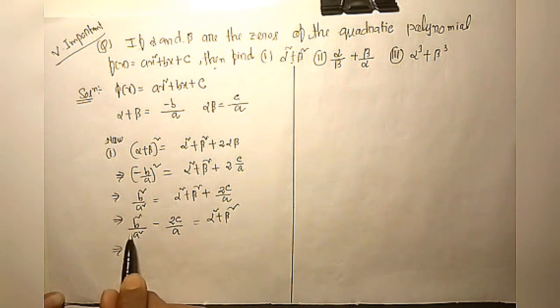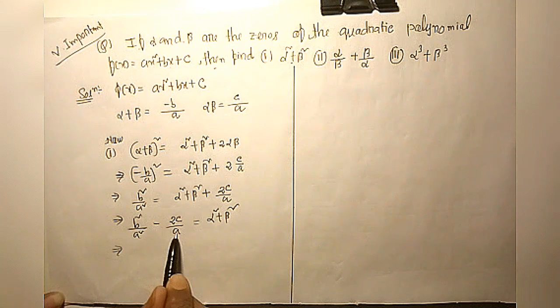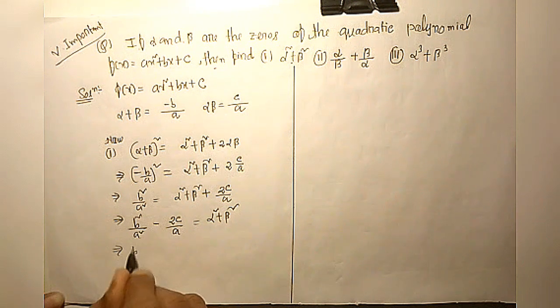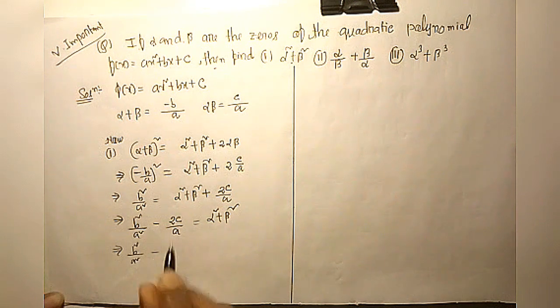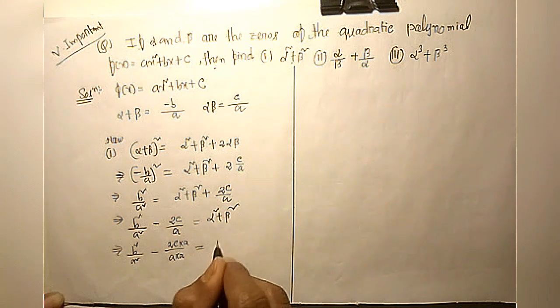So in the denominator, the highest power of a is 2, so it is b square by a square. Here a square, here a, so multiplying by a in the numerator as well as in the denominator.